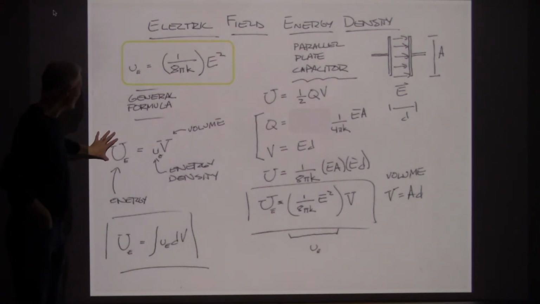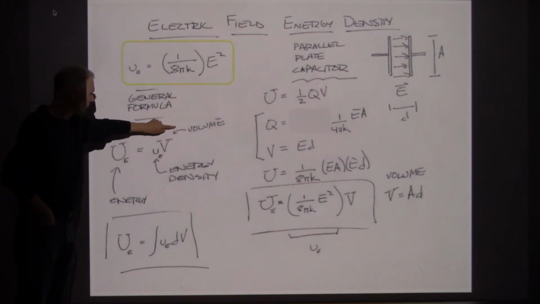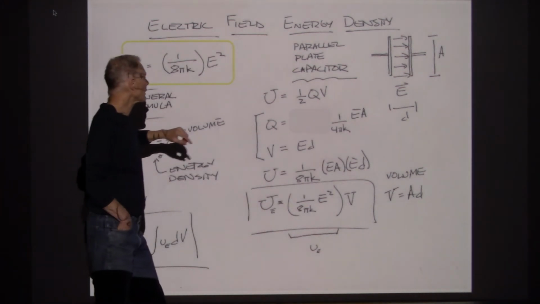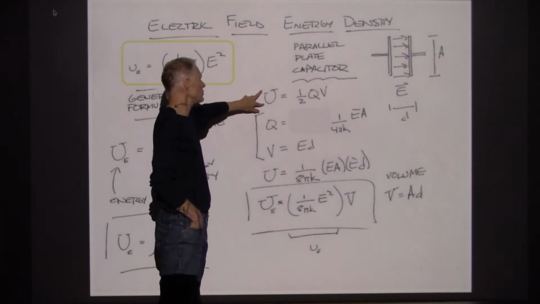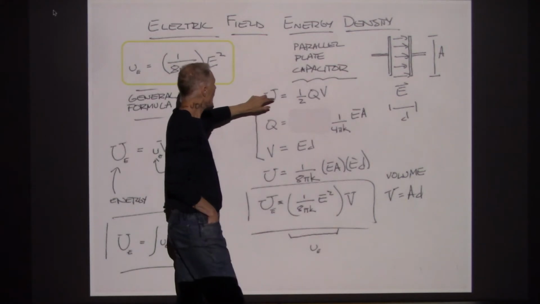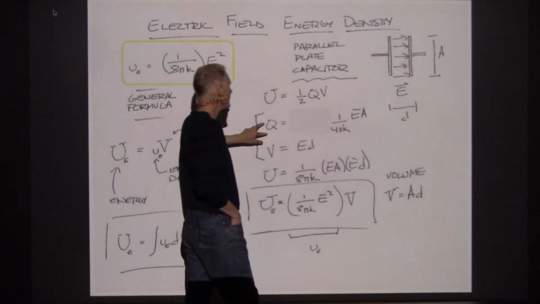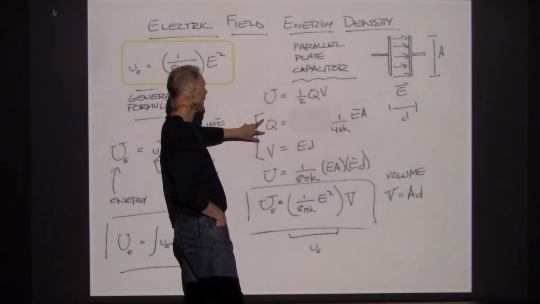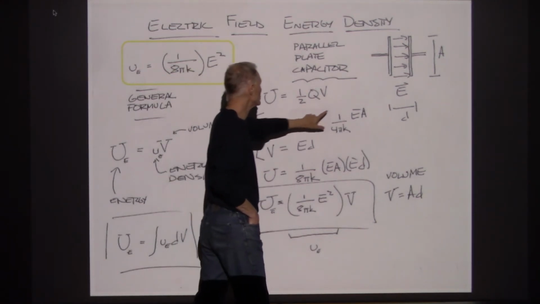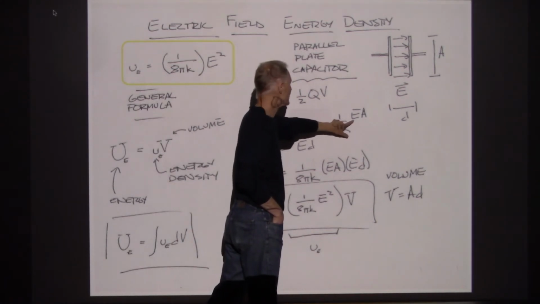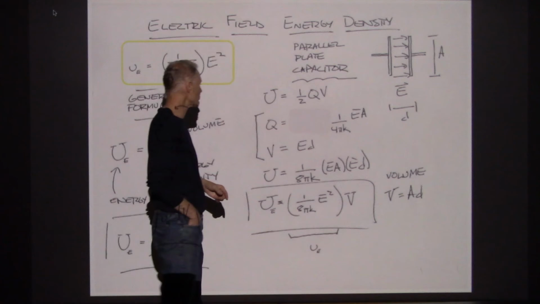In order to actually find out how much energy is stored, I can take the energy density and multiply by the volume. So the way it would work is this. Here is the total energy stored in a capacitor. That's 1/2 QV. The charge that we've stored is equal to 1/4 pi k E times A, according to Gauss's law.